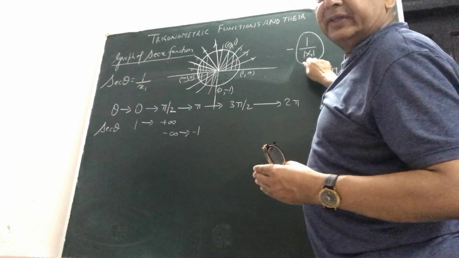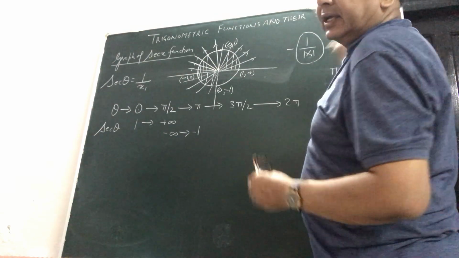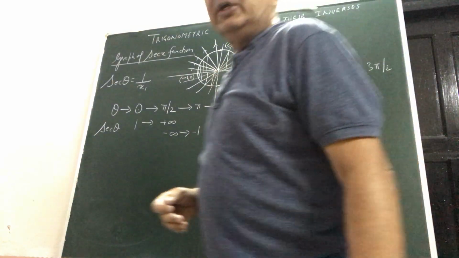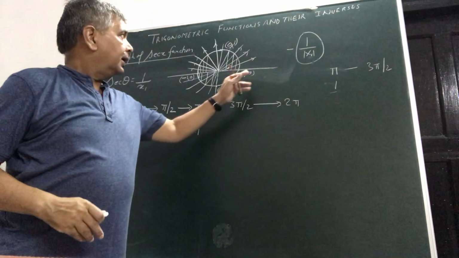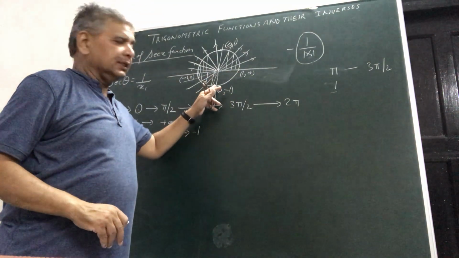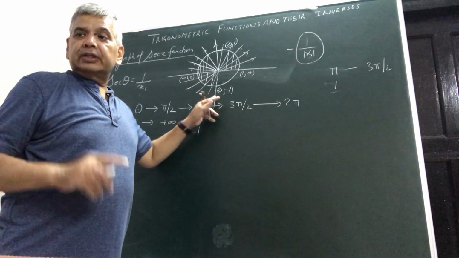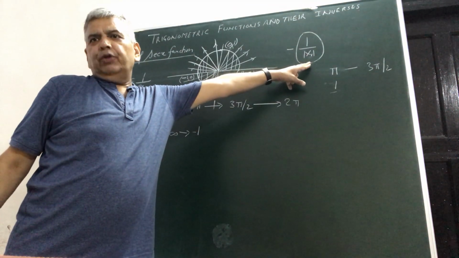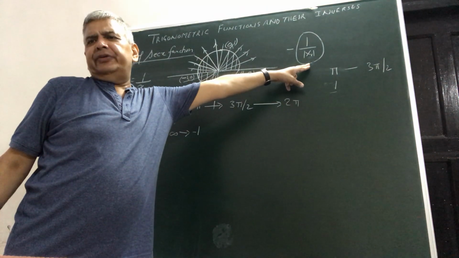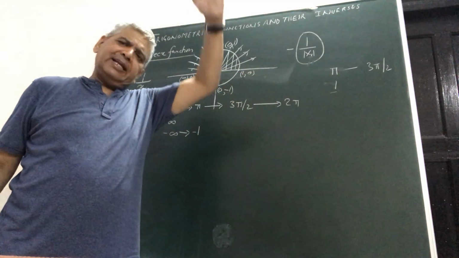So the value will be 1 followed by 100 zeros. The more nearly you approach 3 pi by 2, the absolute value of the abscissa will head towards 0, so the value will head towards infinity.